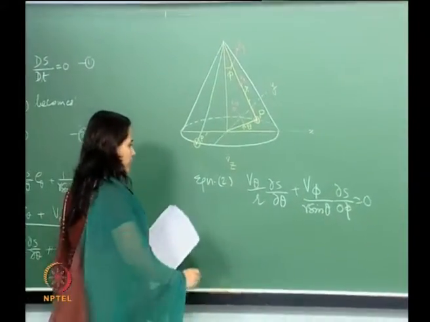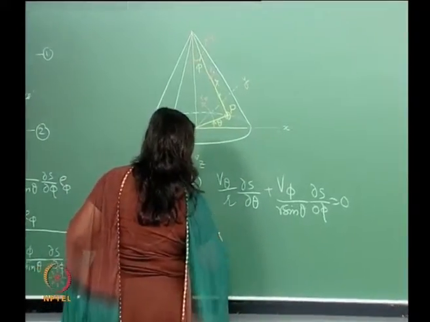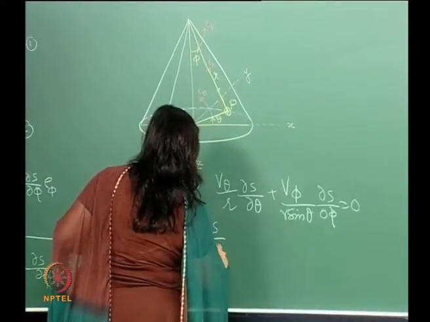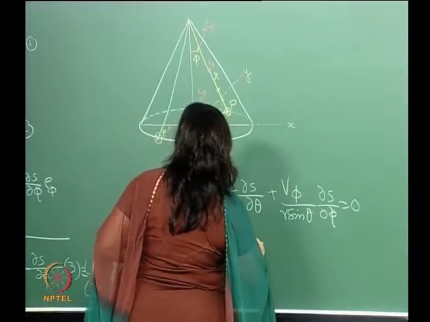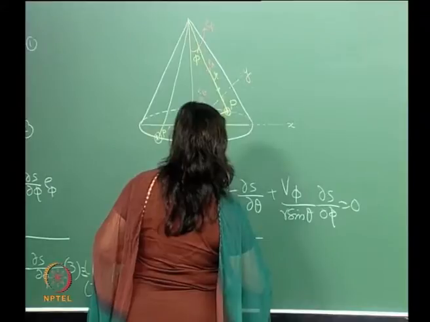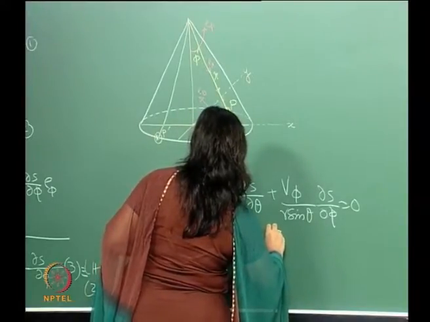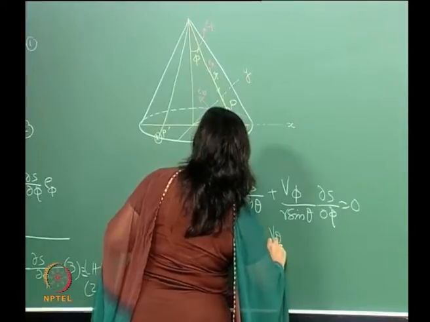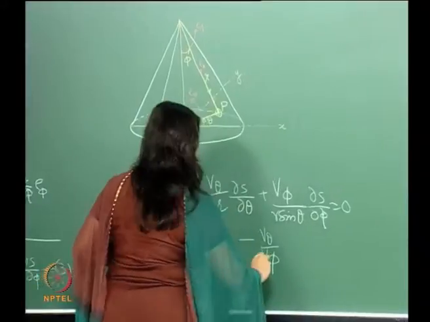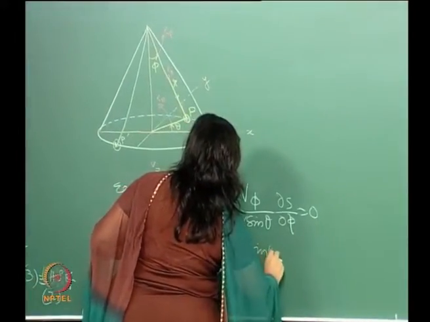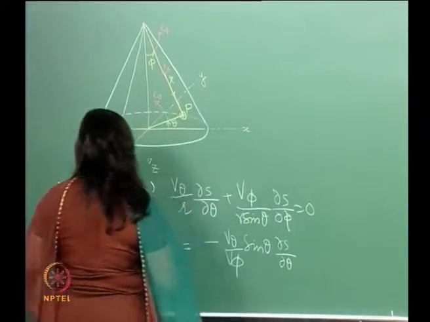Or what we can write here is del S del phi as minus V theta by V phi sin theta del S del theta.